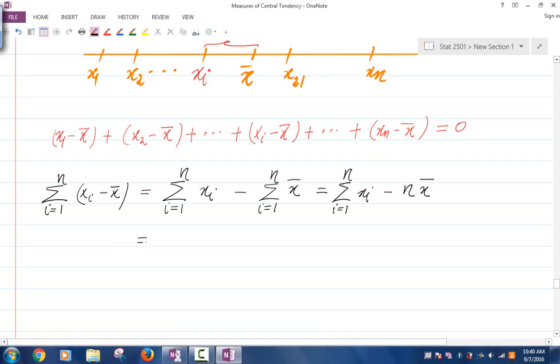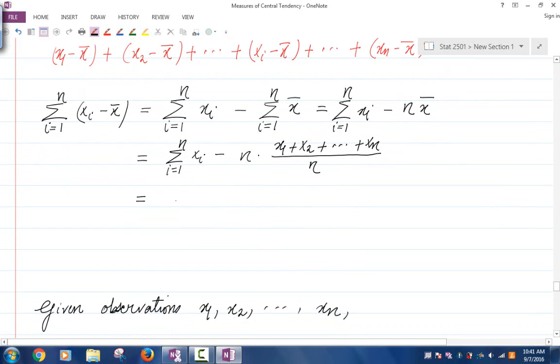Well, this is equal to the summation, i going from 1 up to n, of xi minus n times x bar. What's the formula for x bar? It is x1 plus x2 plus dot dot dot plus xn, over n, right? Well, n cancels out.